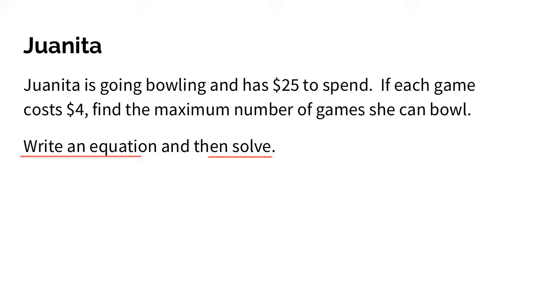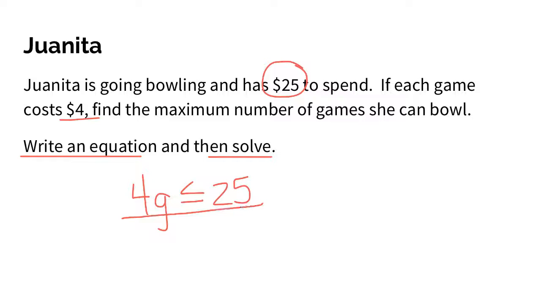So we know Juanita has a maximum of $25 and that each game costs her $4. So $4 for every game can be at most no more than $25 if you look back at our chart. So to solve that, I'm going to divide both sides by 4.